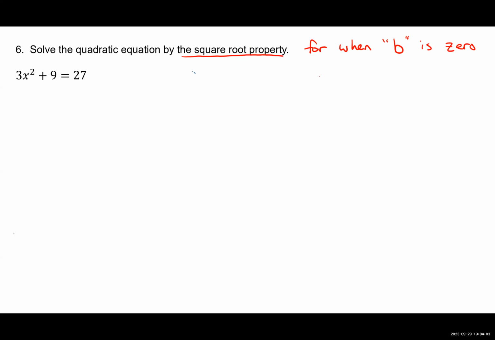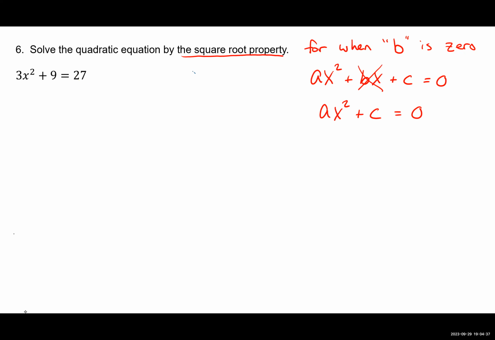When the b is 0, so ax squared plus bx plus c equals 0, the a is some number, the c is some number, but the b is 0, so this term isn't there. So you actually have ax squared plus c is equal to 0. Which is what we have here. If we subtract 27 from both sides, you would have a 0 on the right. So this equation is of that form.